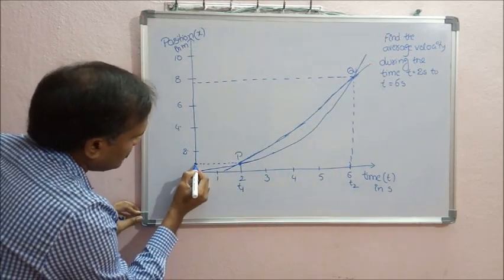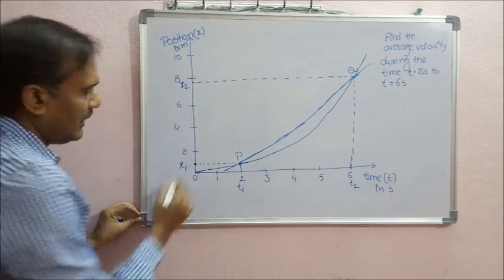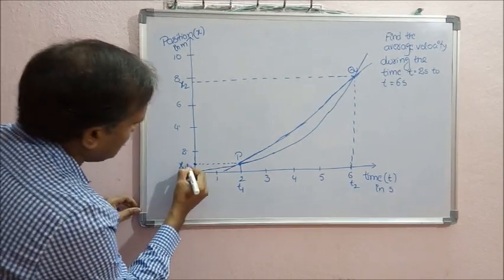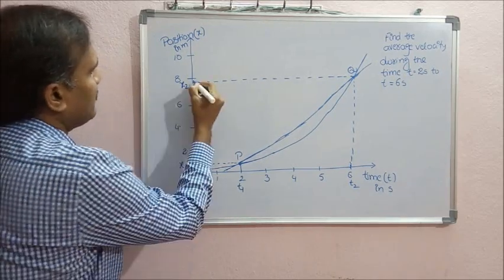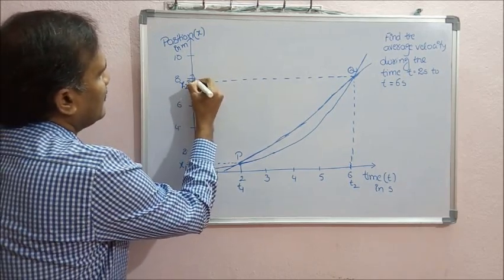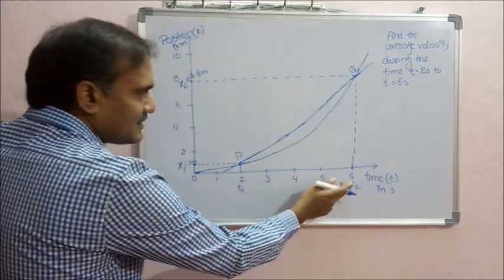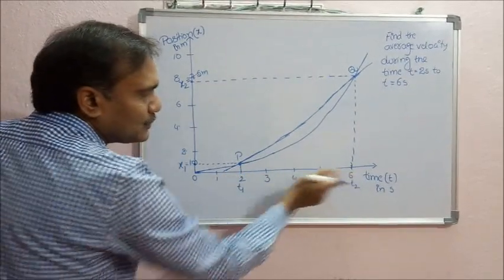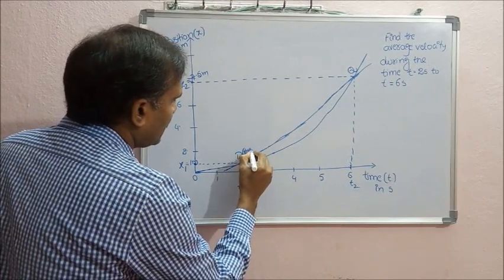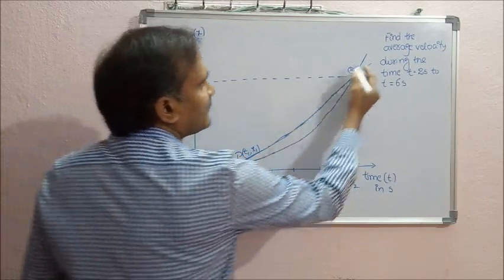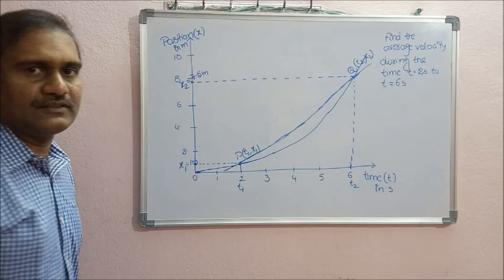What are here? It is x1 and it is x2. x1 is equal to how much? Approximately it is equal to 1 meter. And x2 is 7.5 meters. t1 is 2 seconds, t2 is 6 seconds. Now what are the coordinates of P? t1 comma x1, coordinates of Q, t2 comma x2.